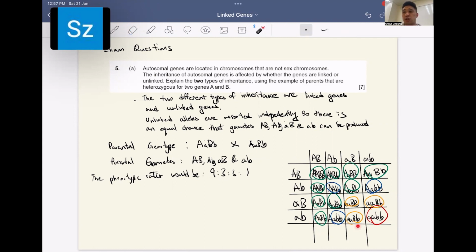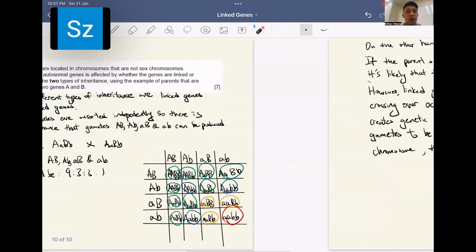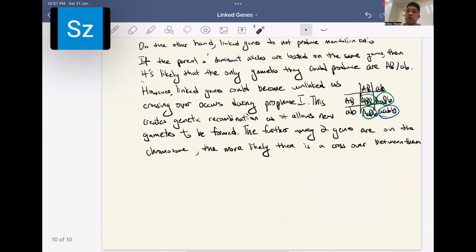So for unlinked genes, the parents should be able to produce all different combinations of gametes, and the ratio of the phenotypes should be 9:3:3:1. You should also explain why. It's because unlinked genes are sorted independently. Now after explaining the principle for the unlinked genes, you should talk about linked genes.